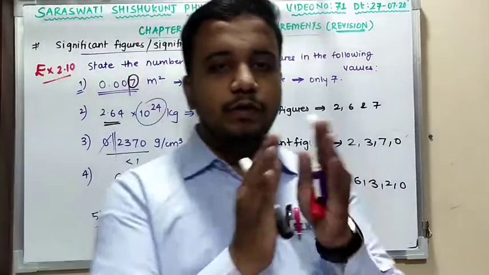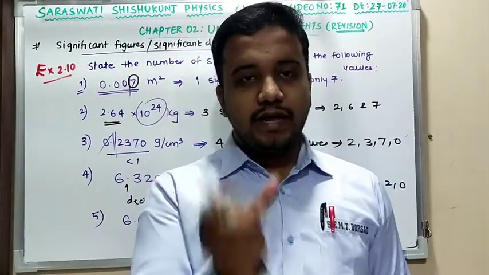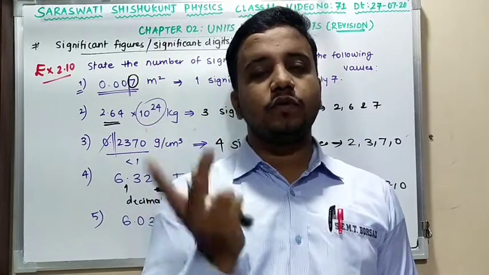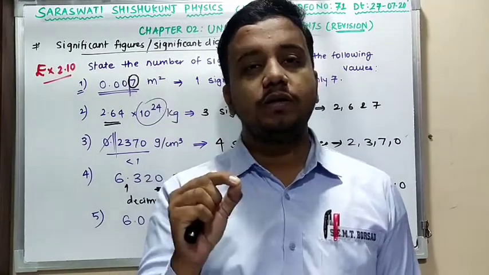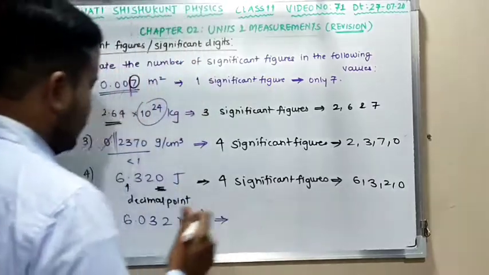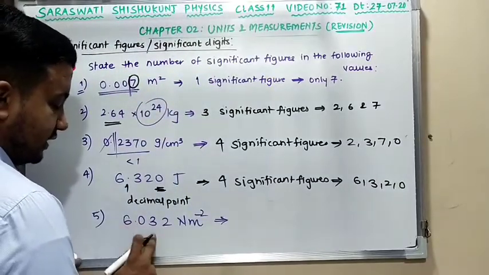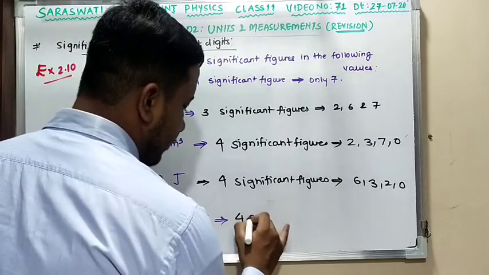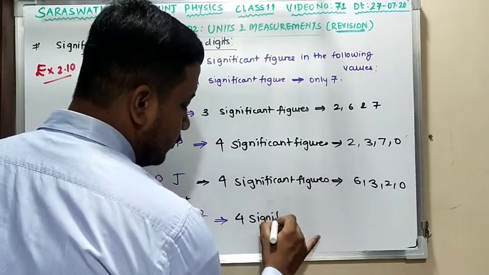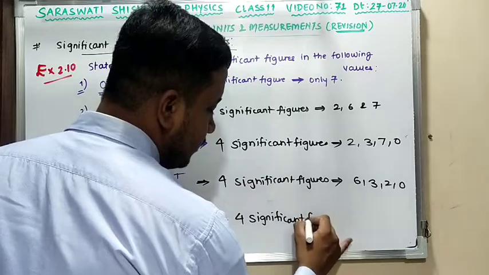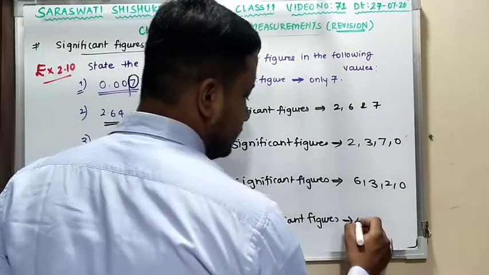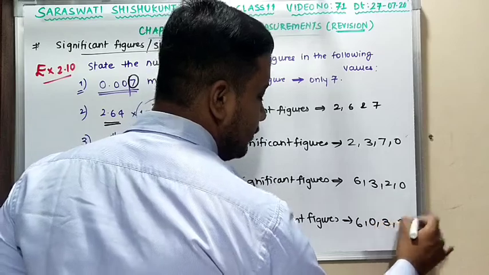So this 0 is going to be considered significant. So 1, 2, 3, 4. I can write 4 significant figures, and they are 6, 0, 3, 2.